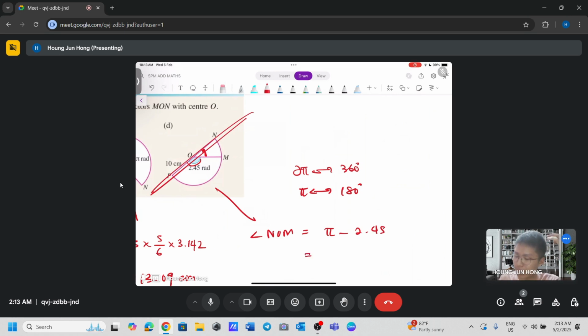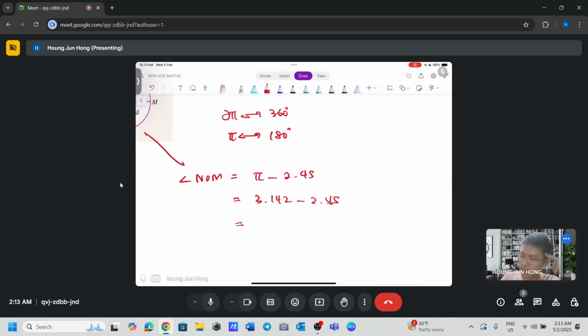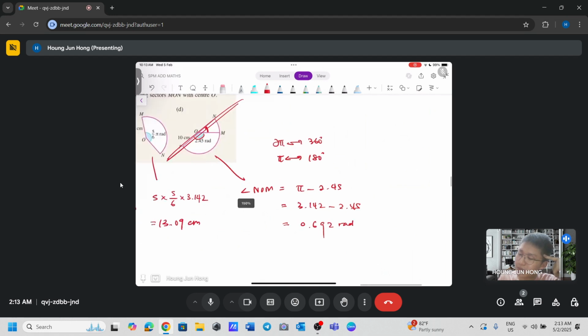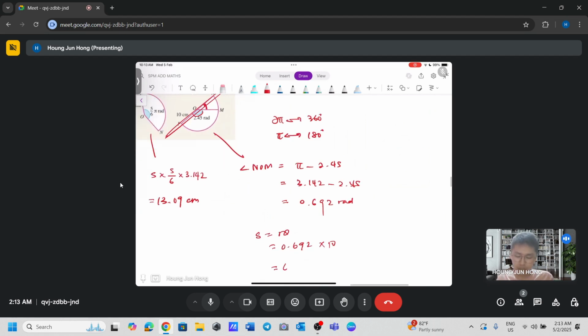What is pi? 3.142 minus 2.45. Let me do a bit of math. 0.692 radian. Then just do s equals r theta. Multiplied by 10, you get 6.92 cm.